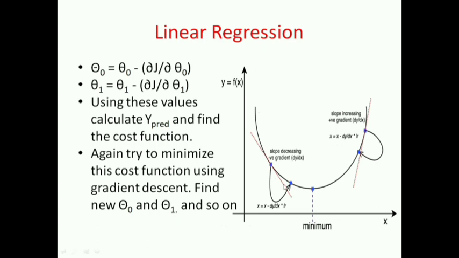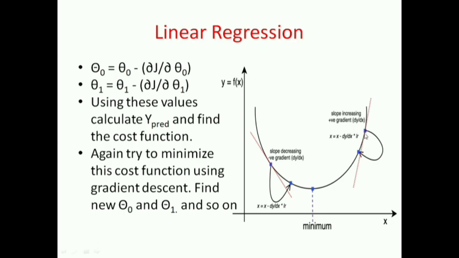So in this graph, you can see this y value represents the cost function and this x value represents theta naught. Initially you have chosen some theta naught that is given by the rightmost dot. The corresponding value on the x-axis will represent the initial value of theta naught.